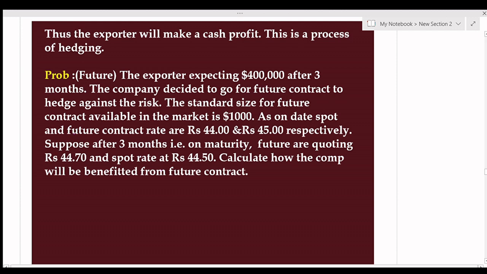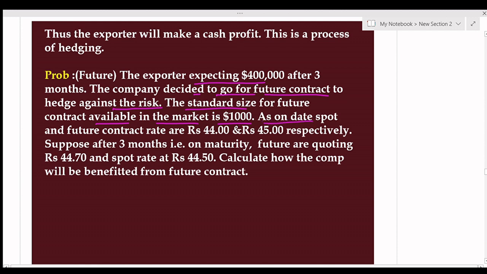Now come to the problem. The exporter is expecting $4 lakhs after 3 months. The company decides to go for future contract to hedge against the risks. The standard size for future contract available in the market is $1,000, that is one lot.